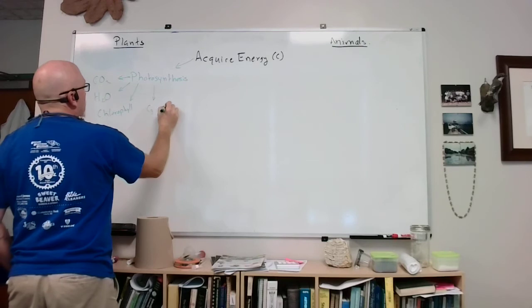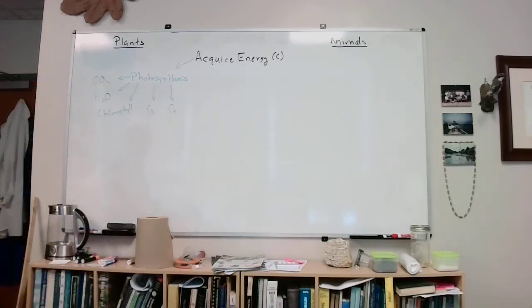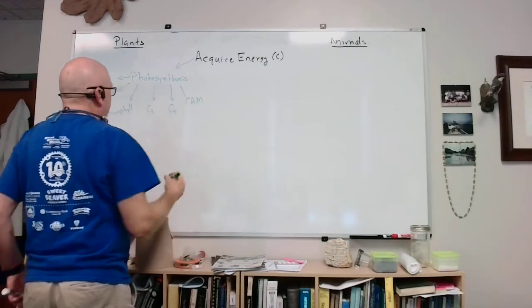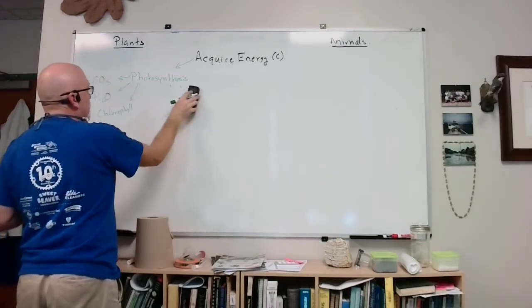We have C3 and C4 photosynthesis, which are 2 different ways of going about photosynthesis. We also have crassulacean acid metabolism as the 3rd type. We could concept map this differently.